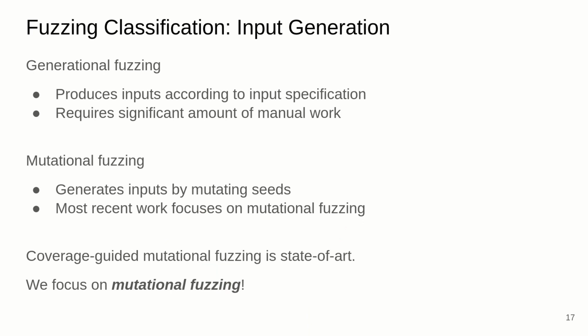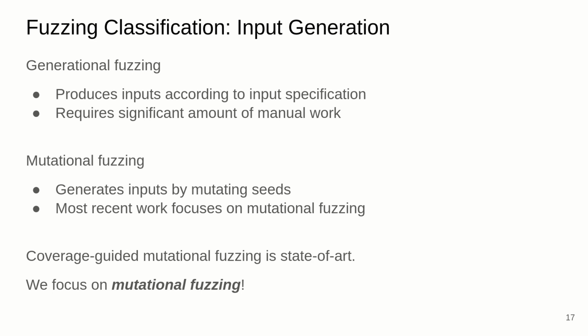When we classify fuzzing, there's two different approaches to input generation, on how we create new input to the target. There's generational fuzzing, which requires some kind of grammar, and then the fuzzing engine will produce input according to the input specification. Now this requires some manual work to define the input grammar that can then be used during the fuzzing process. On the other hand, we have mutational fuzzing that I was already alluding to, which generates inputs by mutating seeds.